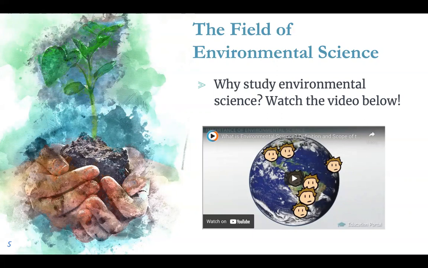So once we understand how these things work together, we can try to find solutions to problems like losing our pollinators, right? We cannot come up with effective solutions if we don't understand how everything works. So those are two major reasons to enter this field or to study questions that are in this field.